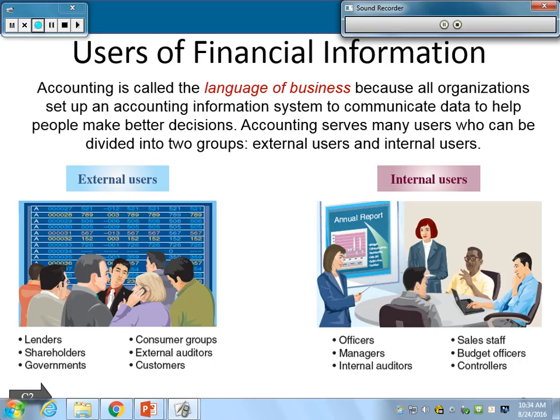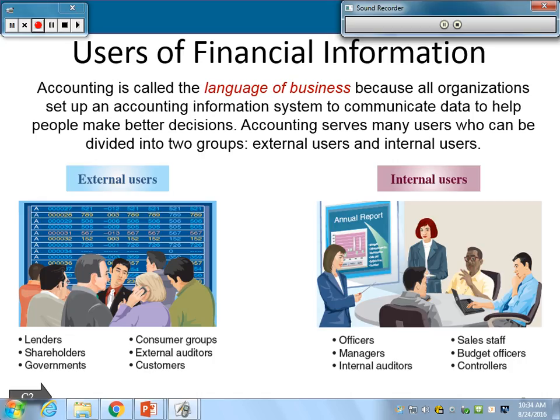And so you have to report your transactions and your financial position to those who are external and need that info. And then you have the internal people. So those are the managers, the auditors, the accountants, the staff, whether it be administrative, sales, whoever it may be.